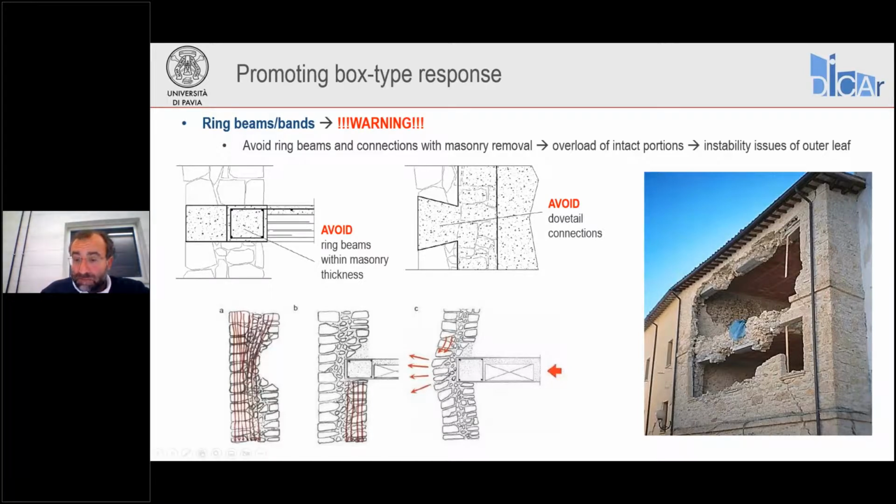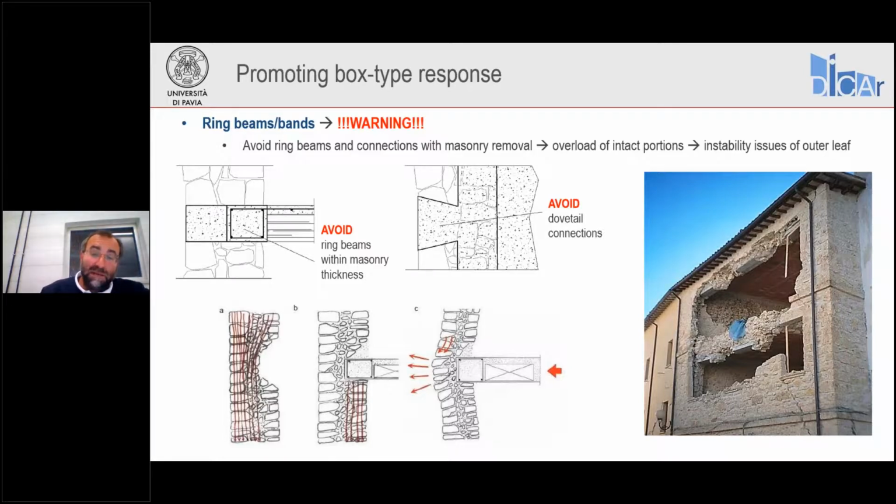You see that here we had a beam resting only on the interior leaf, same detail, less visible here in the other floor. Well, this caused this kind of problem. So be careful, avoid this kind of intervention.